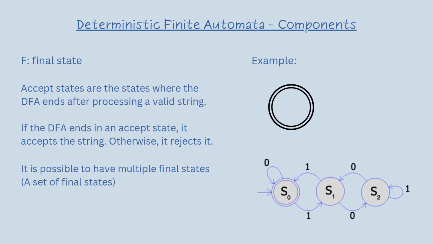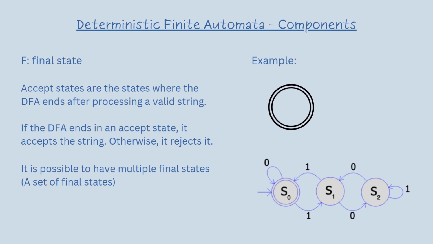Then we've got the final state, or the set of final states, because just as I mentioned earlier, we could have multiple final states. And even if you just have one final state, you should still have it as a set. Then you would just have the set of final states, which just includes that one final state. Because the F is a set, it's not just a state.